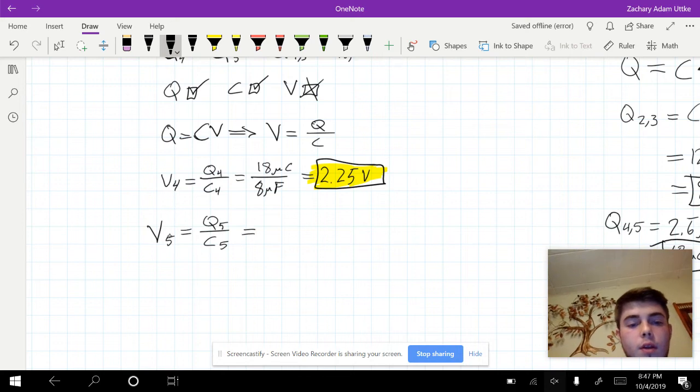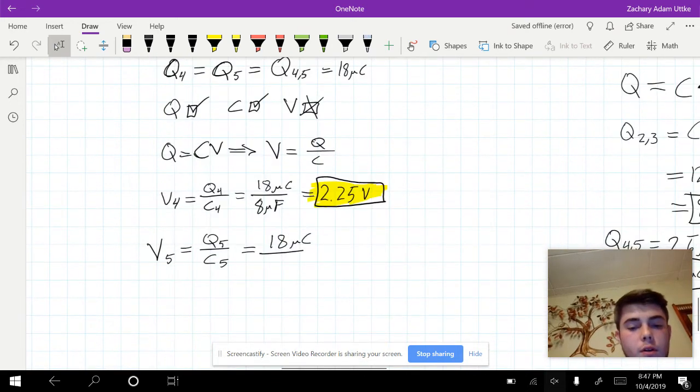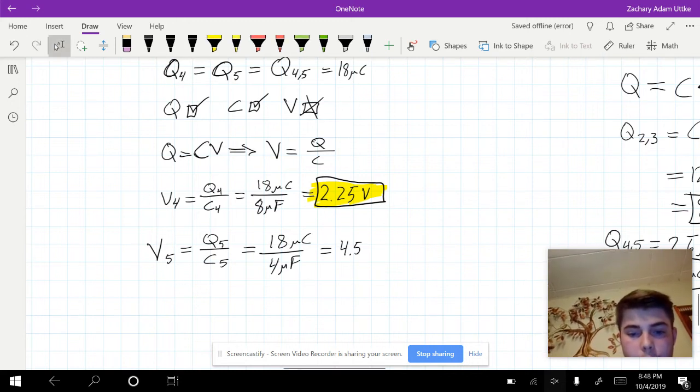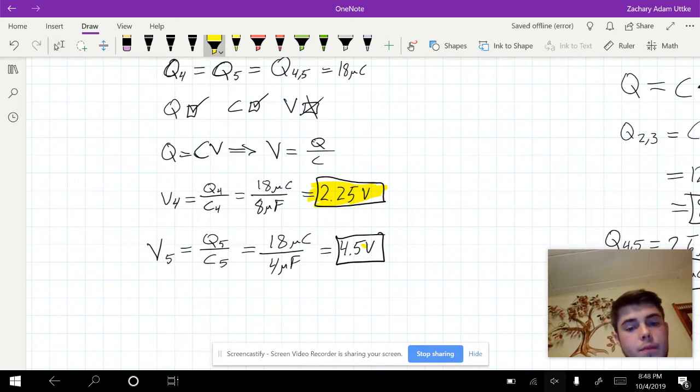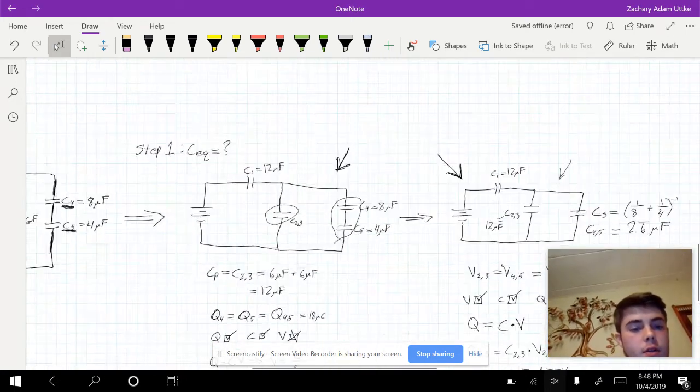Okay, and this will be 18 microcoulombs divided by 4 microfarads. So that should just be double, 4.5 volts. Okay. So now this is helping us answer our question.